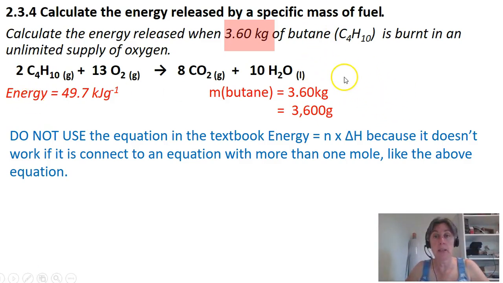Whereas if you get the change in enthalpy from a thermochemical equation, then that kilojoules would be however that's written, and if it was for this one, it would be for 2 moles. So your data booklet value would be doubled. And this equation only works if it's for 1 mole. So don't use this equation, just do a ratio.